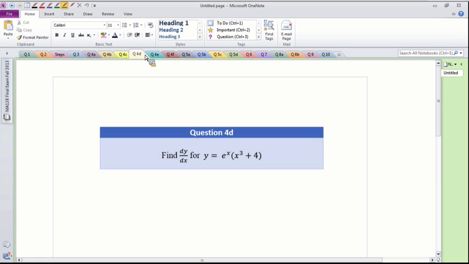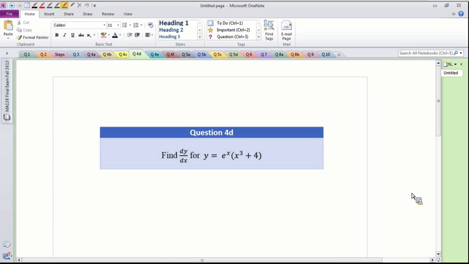Question 4D: find dy dx, another derivative problem, of y equals e to the x times x to the third plus 4. So what do we notice about y? This is a product: e to the x times x to the third plus 4.